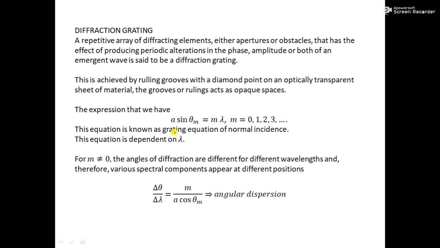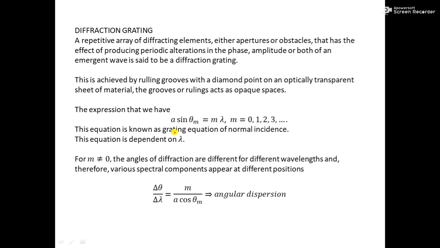For m not equal to 0, the angles of diffraction are different for different wavelengths, and therefore various spectral components appear at different positions.